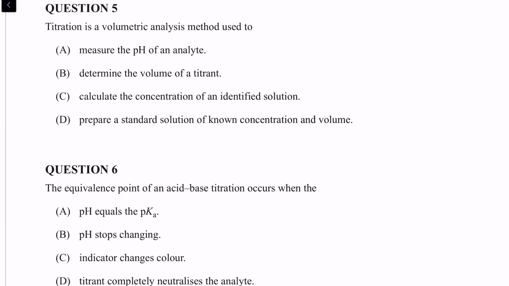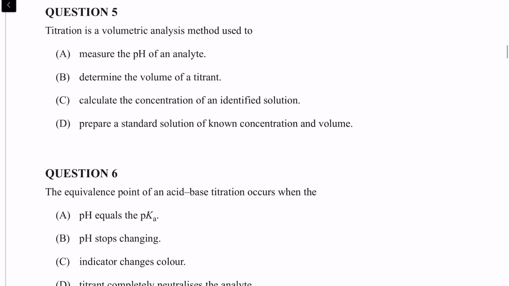Titration is a volumetric analysis method used to, and then we just have to find what the answer is. Question 5. It's not necessarily to measure the pH of an analyte.